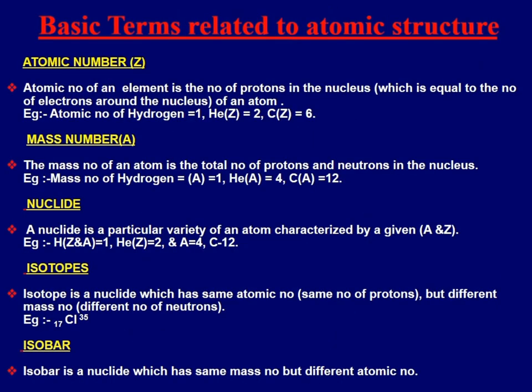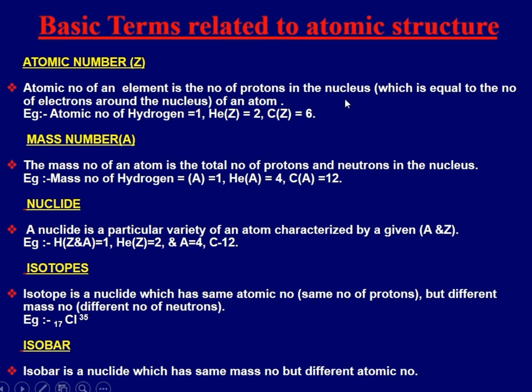Now let us discuss some basic terms which are related to atomic structure, which are used to describe a particular atom. The first term is atomic number, which is denoted by Z. So the atomic number is the number of protons present in a particular nucleus.